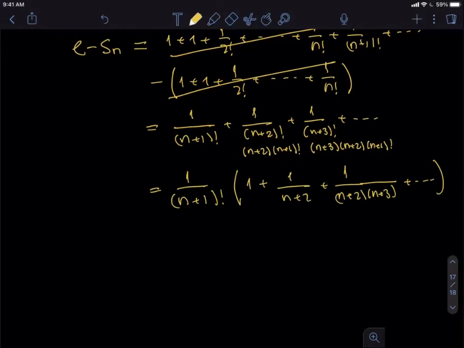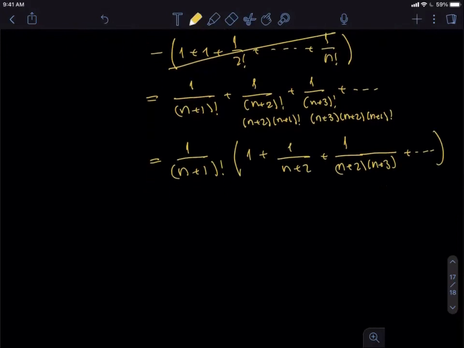Now we can make an estimate here. N plus 3 is bigger than n plus 2, right? So if I put something smaller in the denominator, I will get something larger for an estimate.